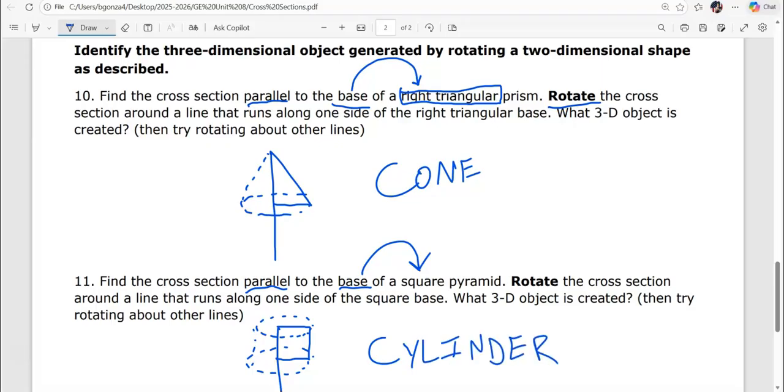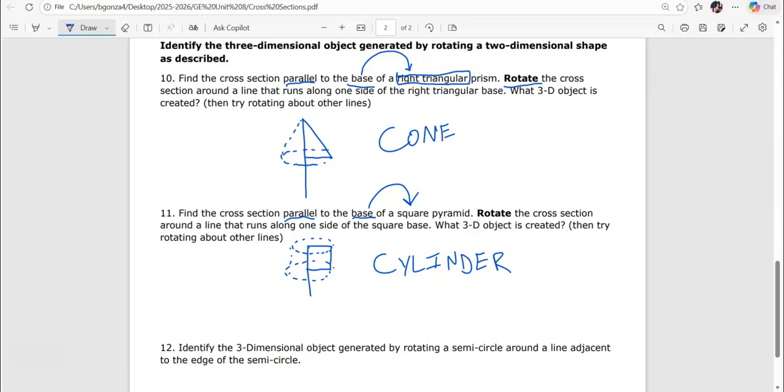All right, last one. In the back, what do you call it when you take a semicircle, okay, and you rotate it? Put a phone away. Rotate a semicircle. A sphere, right?